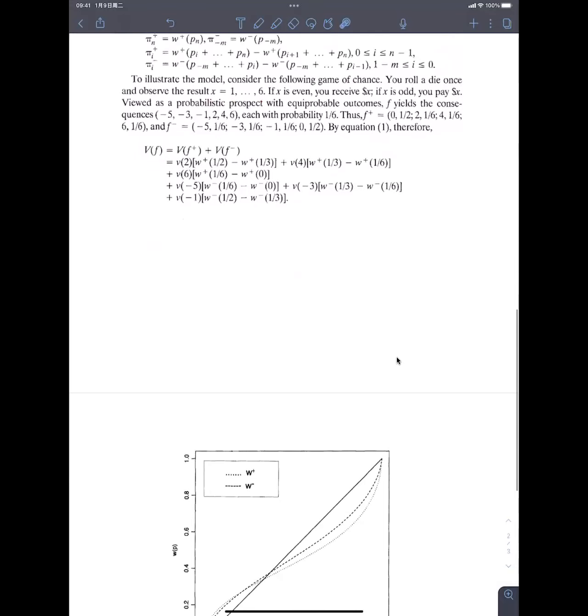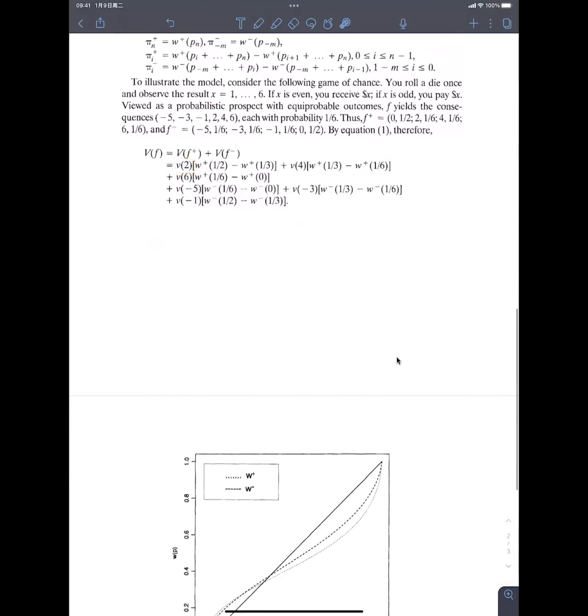The value of the lottery will be, for even numbers, we treat it as gains, but here for gaining nothing, which basically means we don't have any gains, we treat the probability as 1/2. Similarly, for losses, we do the same thing, and we add them together. We get this formula.